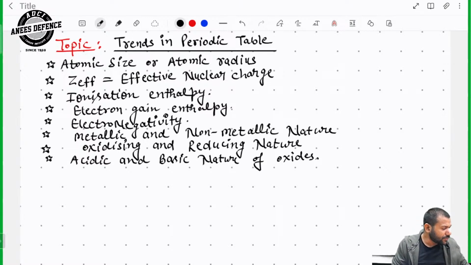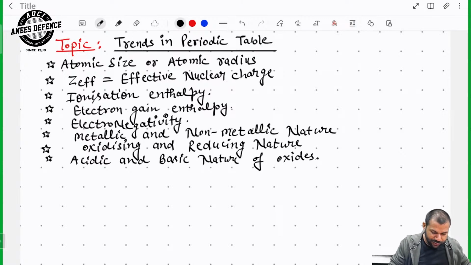So we will start from atomic size or atomic radius. Let me check once if there is something left. Electron gain enthalpy is done, electronegativity is done, oxidation state, yes, done.